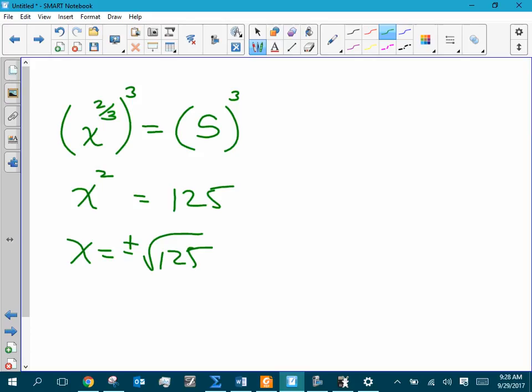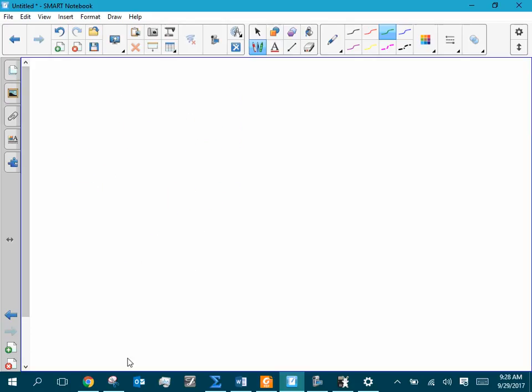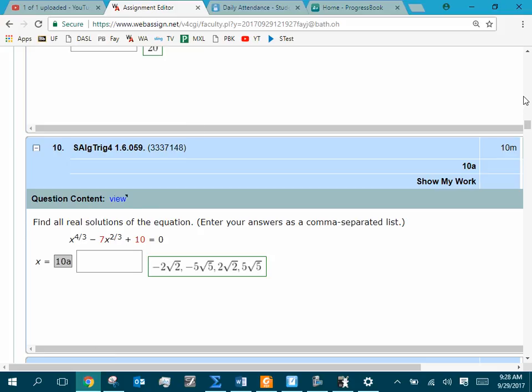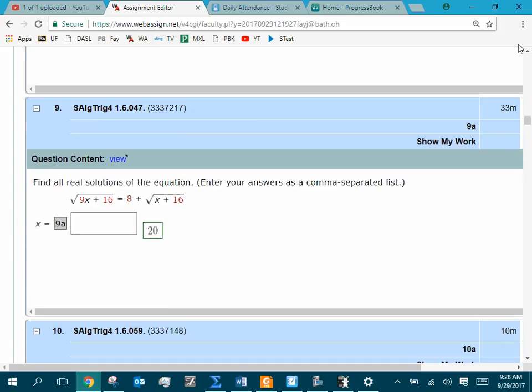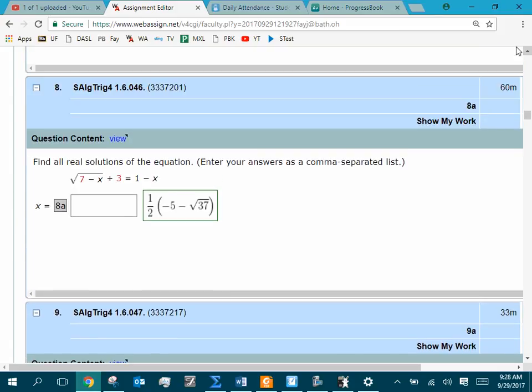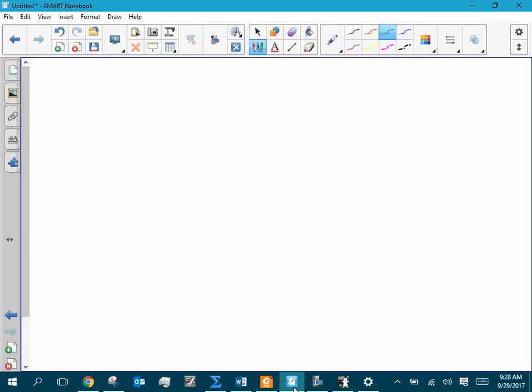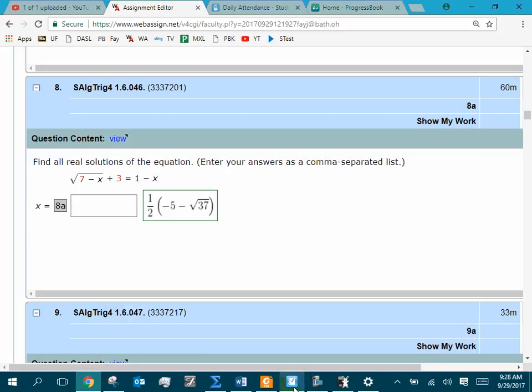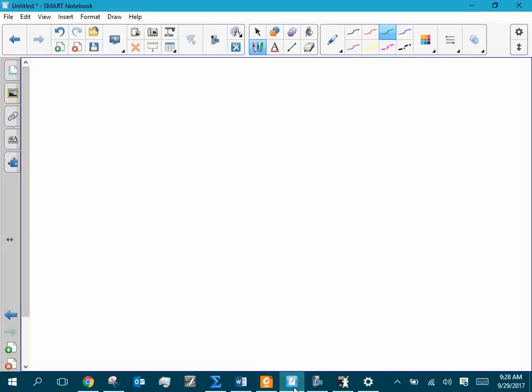Any others? 8. I think the last class had that one, so let me get the format here real quick. All right, so what do you have right here?